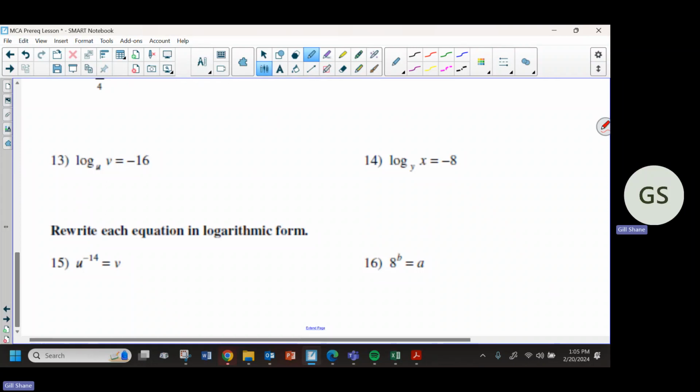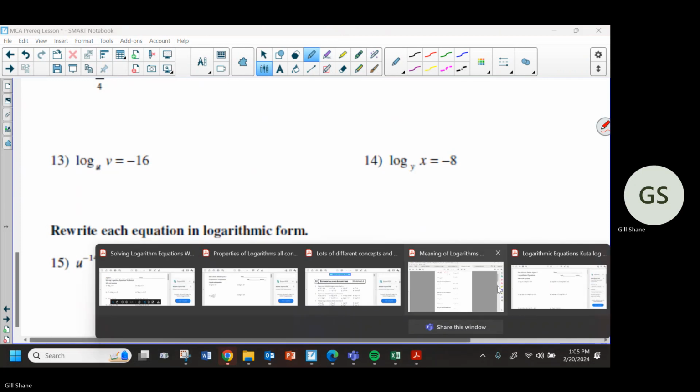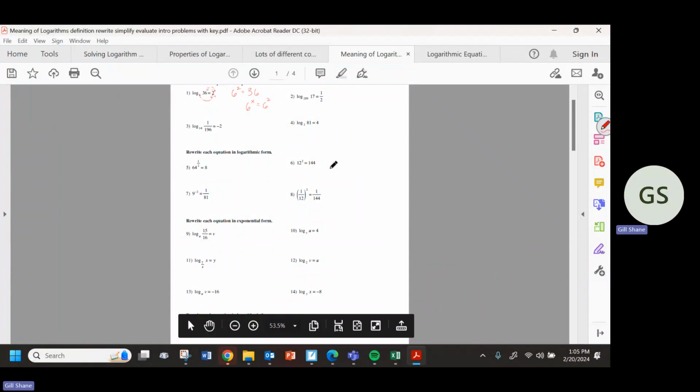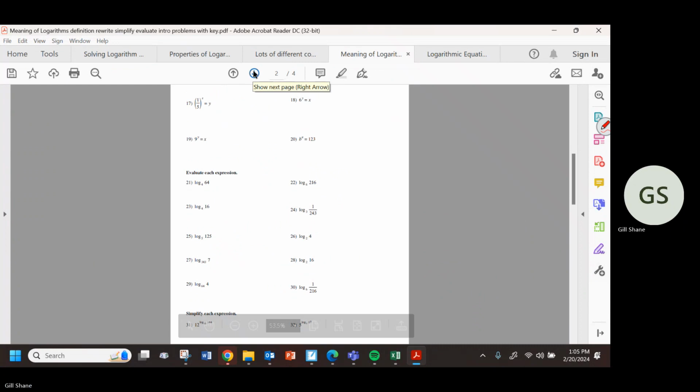So now let's see if there's a section on this one. I'm hoping. Yeah, here we go. All right, so here's some easier ones. Let me cut and paste into the others.